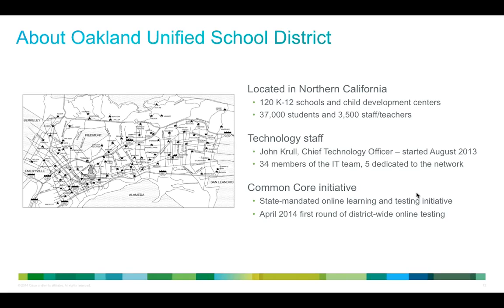He started with Oakland USD back in August of last year. And of those 34 members, 5 are dedicated to the network. So it's not a huge networking staff that's part of the IT department. And they are participating in the Common Core initiative. This is a state-mandated online learning and testing initiative. And the first round of district-wide online testing happened in April 2014, so just very recently, in fact.